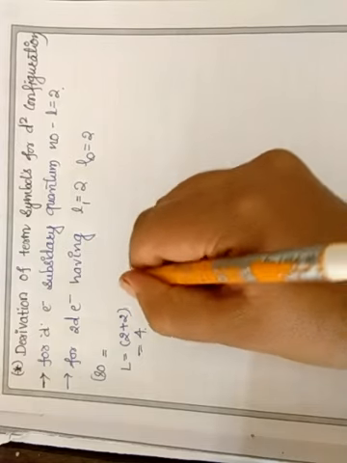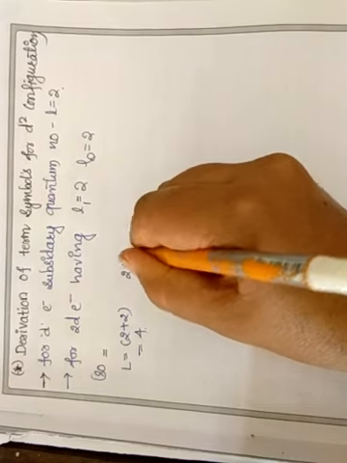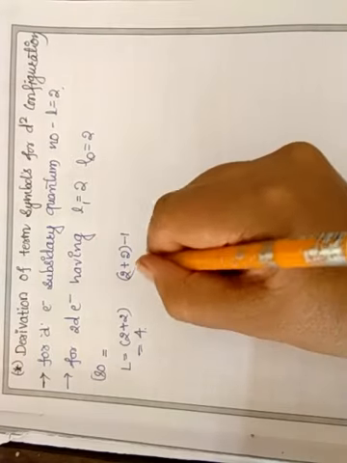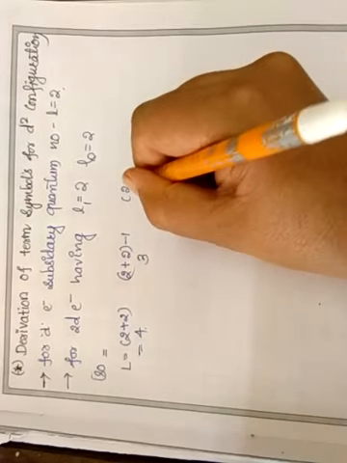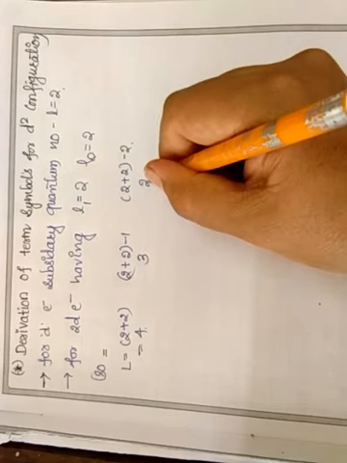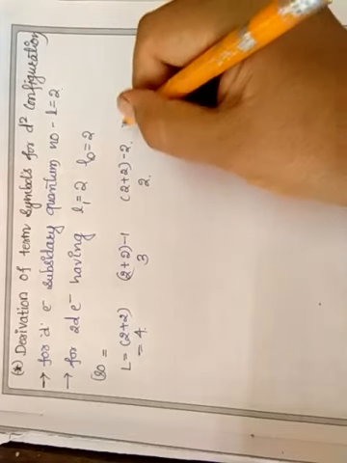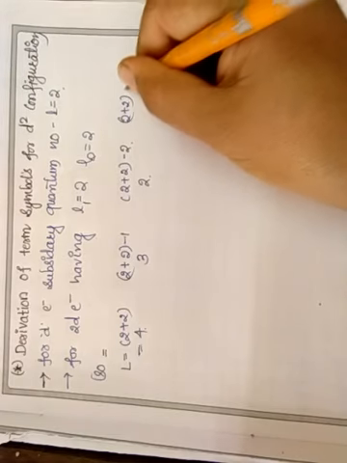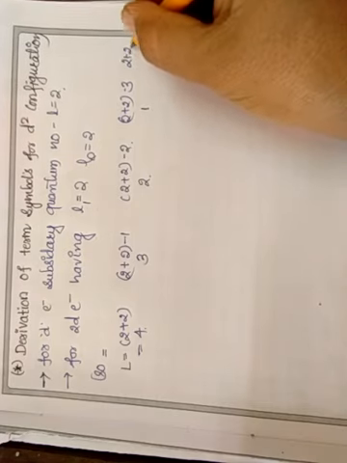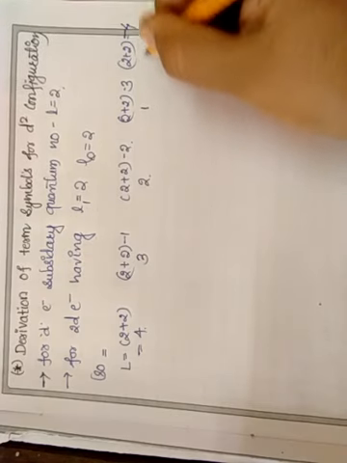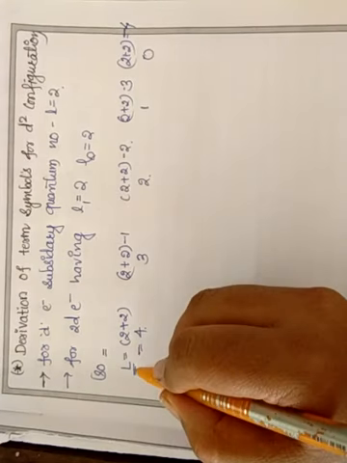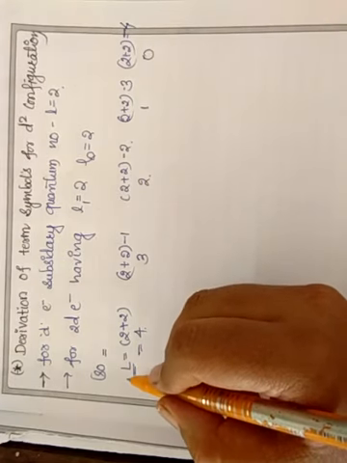Next, 2 plus 2 minus 1, we are supposed to do, isn't it? How much? Yes, 3. Again 2 plus 2 minus 2, how much? Yes, 2. Again 2 plus 2 minus 3, again here 1. 2 plus 2 minus 4, again here how much? 0.